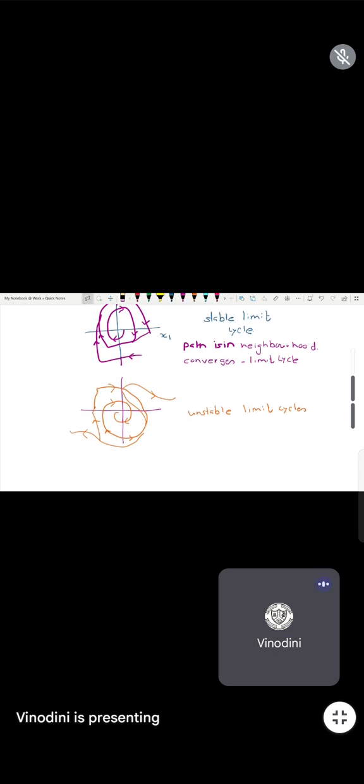The paths in the neighborhood of the limit cycle, or closed trajectory, diverge away from it.